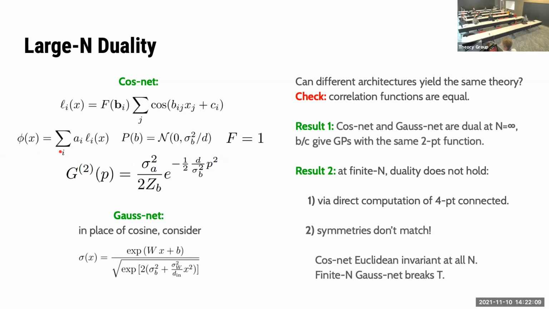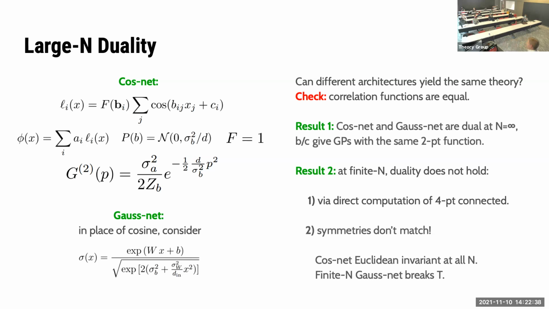It's some Gaussian. But we had another architecture last year that at large N also had a Gaussian power spectrum. Up to redefinition of these various constants to make the Gaussian power spectra exactly match, these are two very different neural network architectures that nevertheless, in the infinite limit, give rise to the exact same Gaussian process, which is a duality. If all of the correlators match, it's a duality.